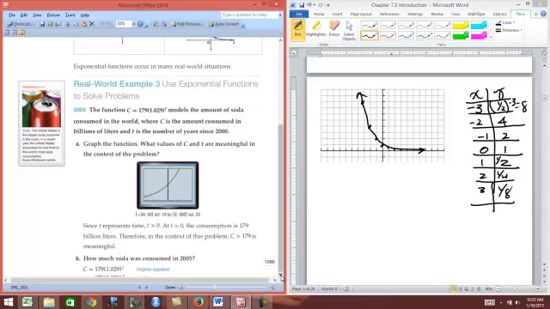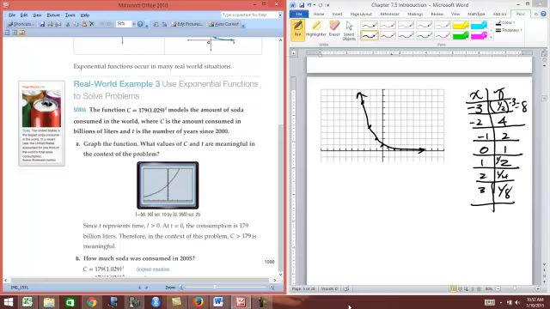Now this is solved with a calculator, so let's take a look at this, and we'll do this on the calculator. It would be a really good thing for you to bring a graphing calculator to class to go over this.